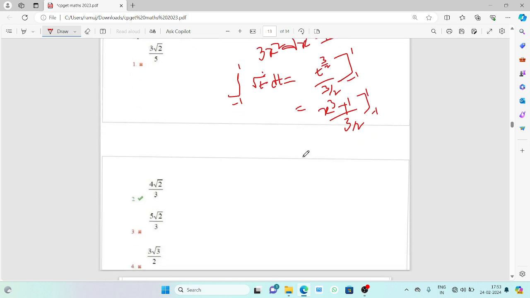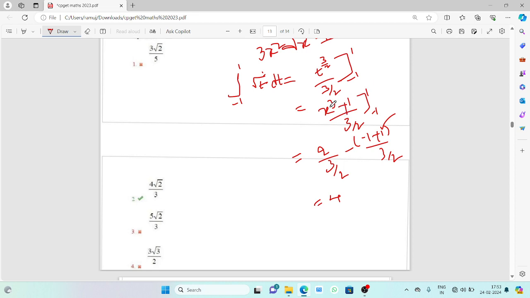If I substitute the limits, I get 2 by 3 into 2 power 3 by 2 minus 0 power 3 by 2. So this minus part goes to 0.